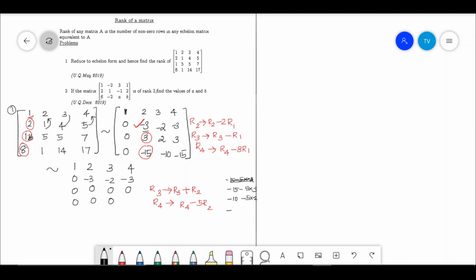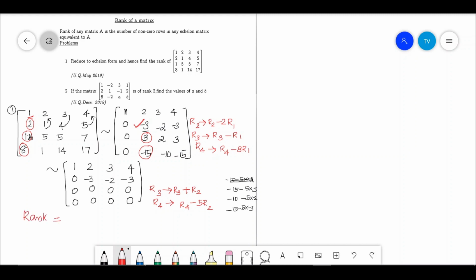Then last element is minus 15 minus 5 into minus 3, so minus 15 plus 15 is equal to 0. And hence you can see that the given matrix is converted to this very simple matrix in which we have two rows full of zeros.